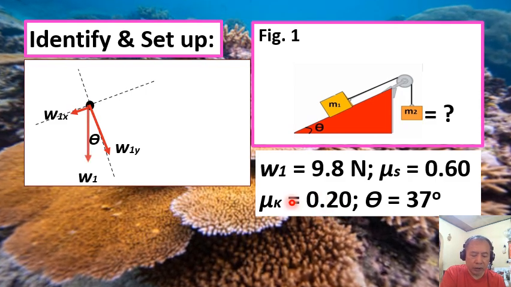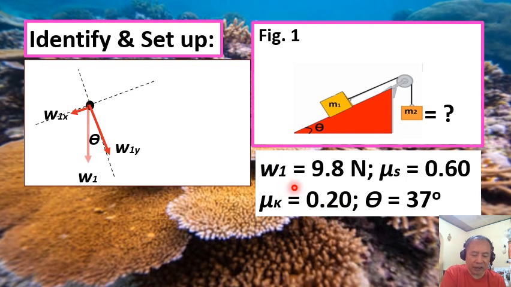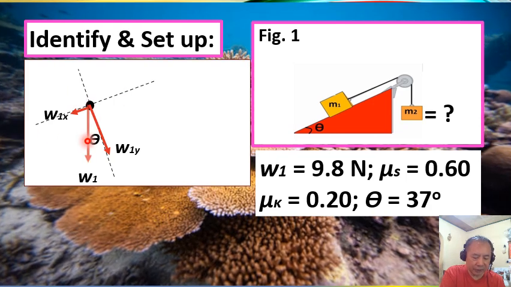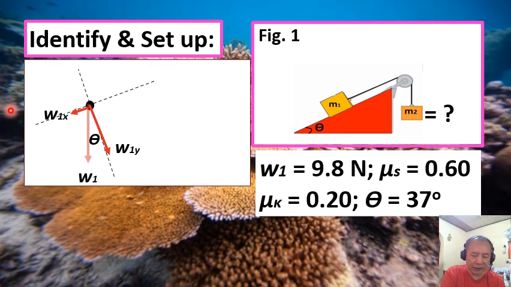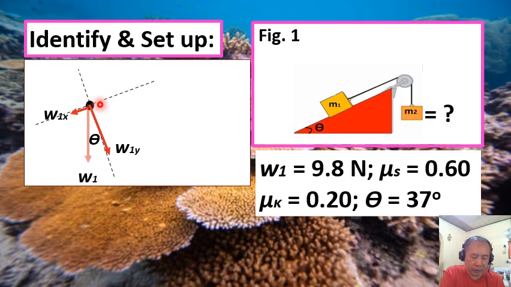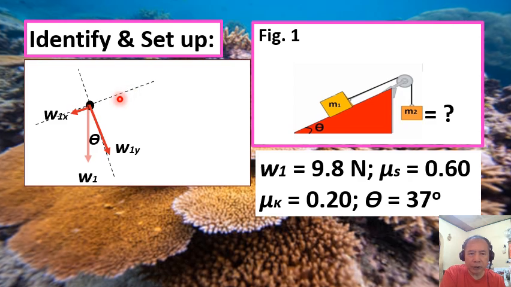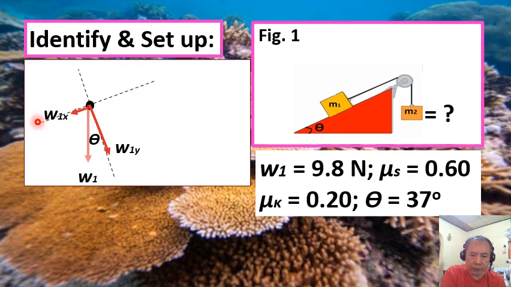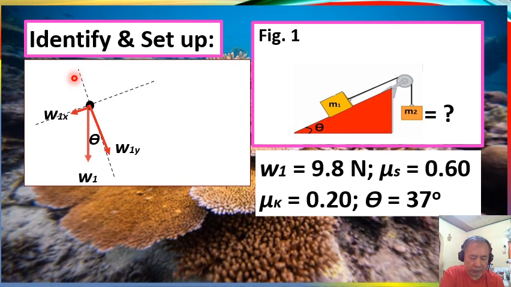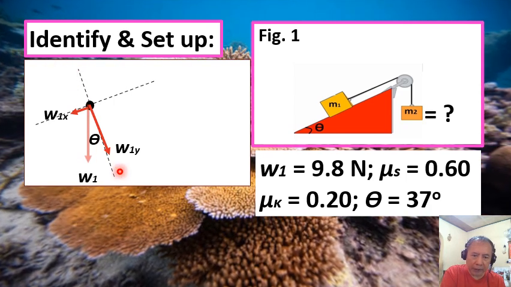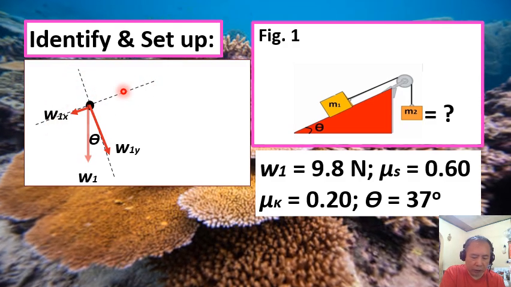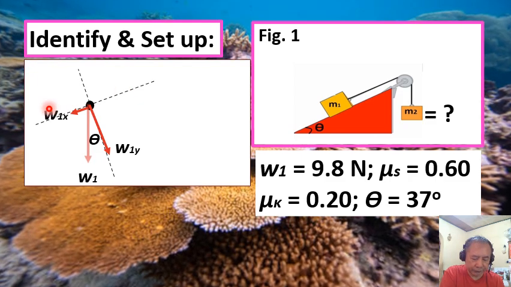For clarity, we tilt the x and y axes such that the x-axis is parallel to the surface of the incline, and the y-axis is exactly perpendicular to the surface of the incline.